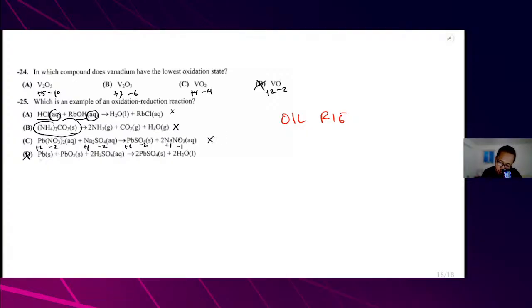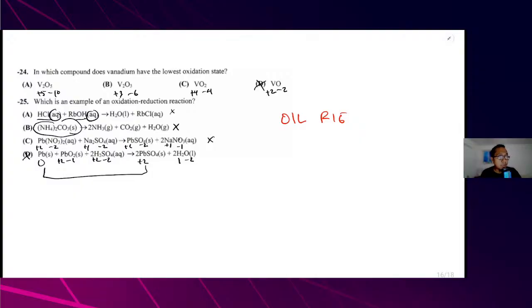Pb is 0, then +2, right? And then over here is -2. It is +2, and then it will be +2 again. And how about this one? -2, +2, -2, and then +1. Yes, there is a redox reaction over here.